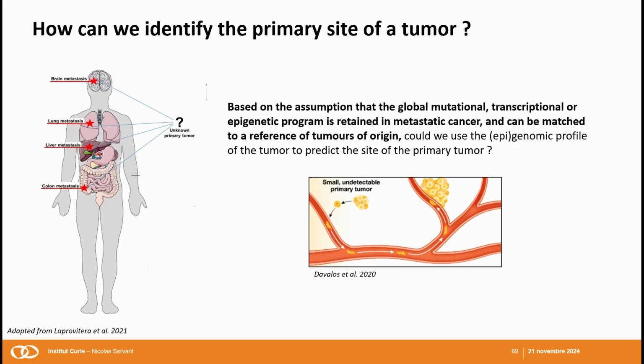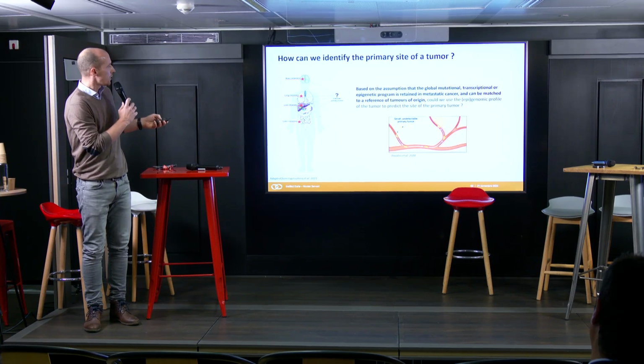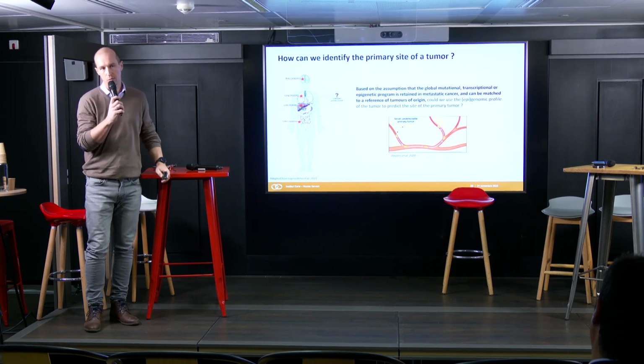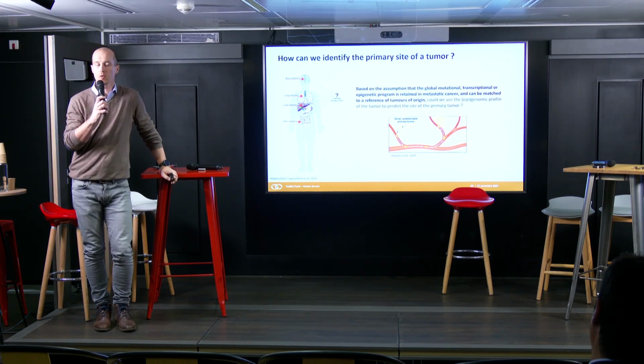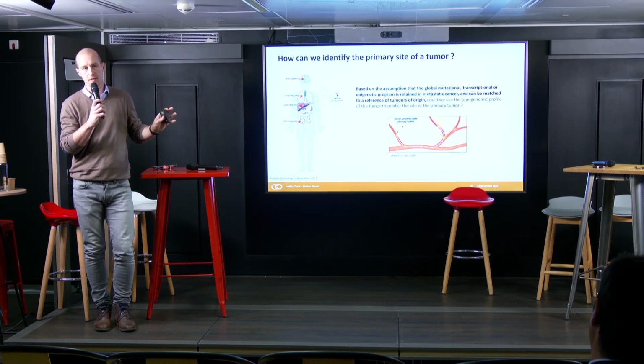So the question we try to face is this one. We have data from metastatic cancer, and the question is, can we predict where the cancer comes from? Can we find the primary origin of the tumor? This relies on a very strong biological assumption, which is that the metastasis will share at least part of the epigenetic or gene signature with the primary tumors, right?